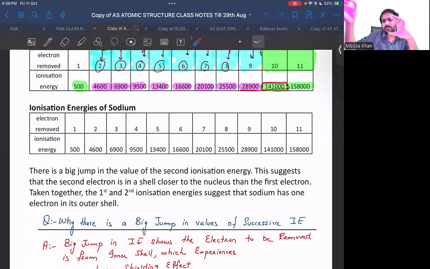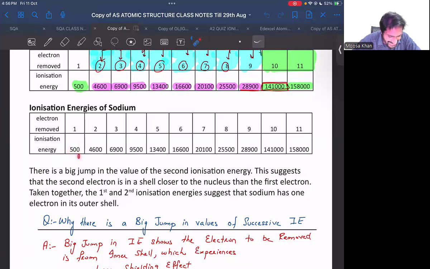When you are adding electrons to any atom, you start adding from the innermost shell. But when you start removing electrons, you remove from the outermost shell, because the outermost shell is at the highest energy level. So the energy required to remove the electron in the outermost shell of the sodium atom was 500 kilojoules per mole.